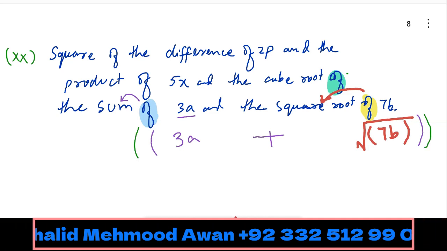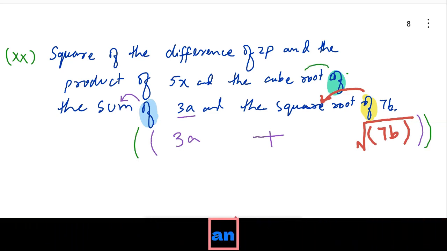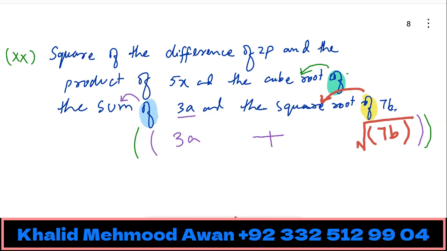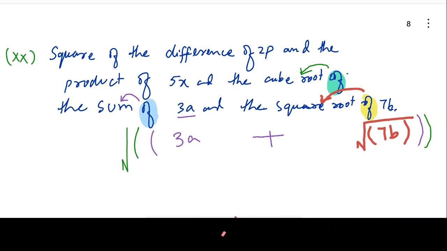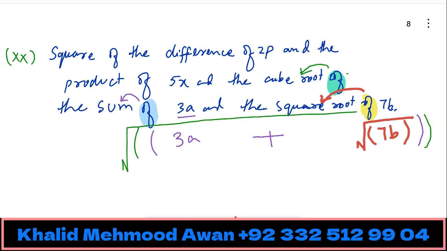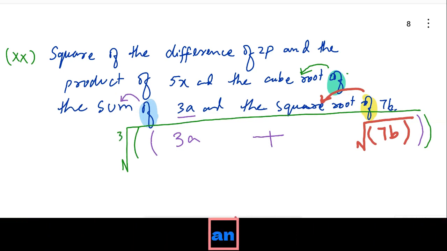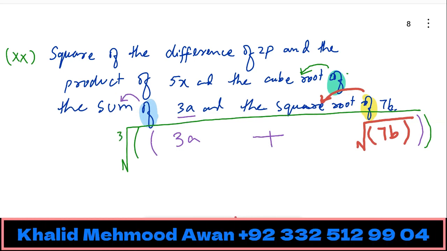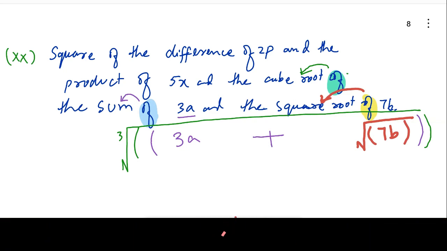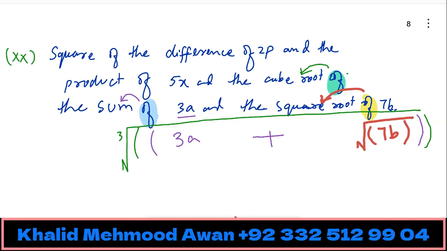And before "of" there is the word cube root, so we'll be putting a cube root till the end of the statement, and that is the cube root here. Remember, I said that this number should be small, in the cube root, not a bigger case. Now this we have done.